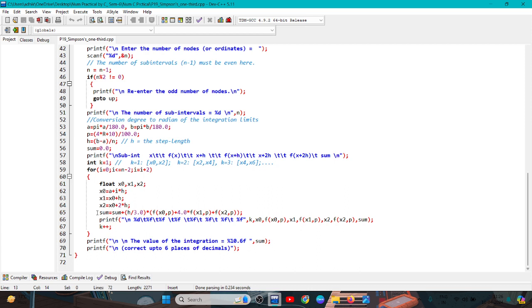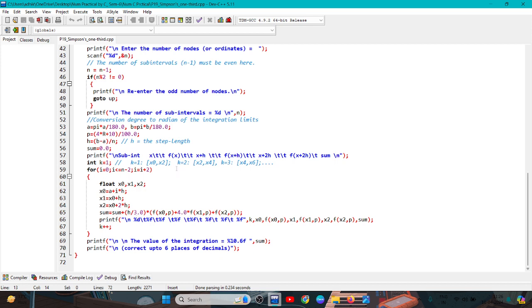New sum equals previous sum plus h by 3 times f x0 plus 4 times f x1 plus f x2. The initial sum equals 0. So this is the value of the integral within the interval x0 to x2, and print k, x0 and so on. Next increment k plus plus, that is, k equals 2.